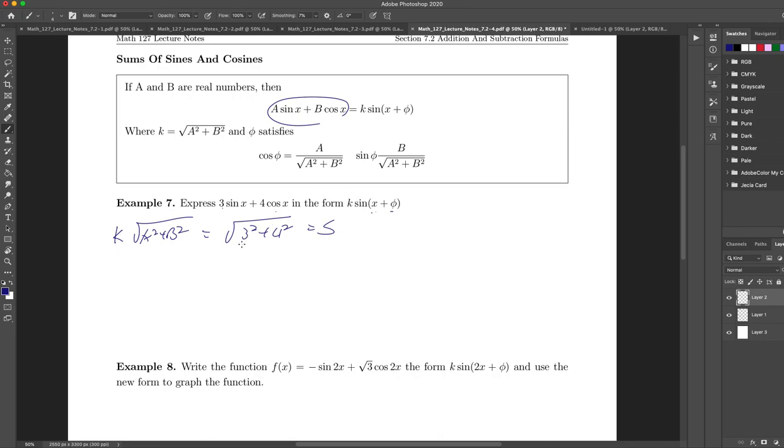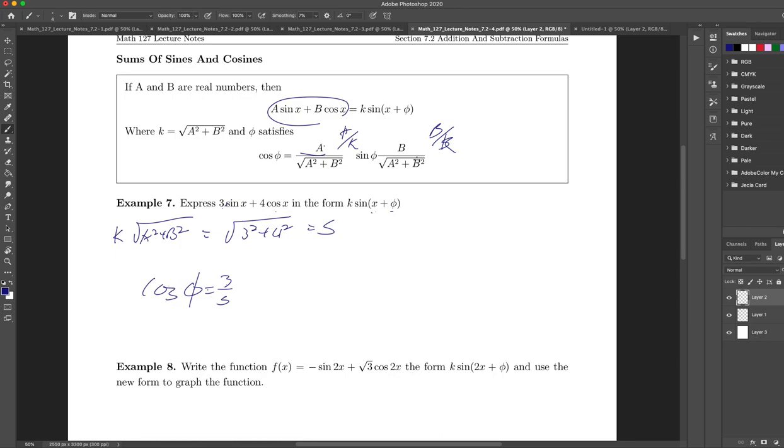Then we have cosine of phi is equal to 3/5. So a over k, which is the same thing as a over k, b over k. You can write both of them, okay?